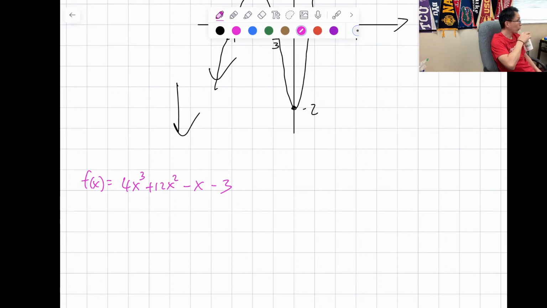Let's see. Like the factors, would it be 3 times, or is it just 1 time? 2 times 2. Oh, I will do 1, 2, and 4, because 4 can be divided by 1, 4 can be divided by 2, and 4 can be divided by 4.